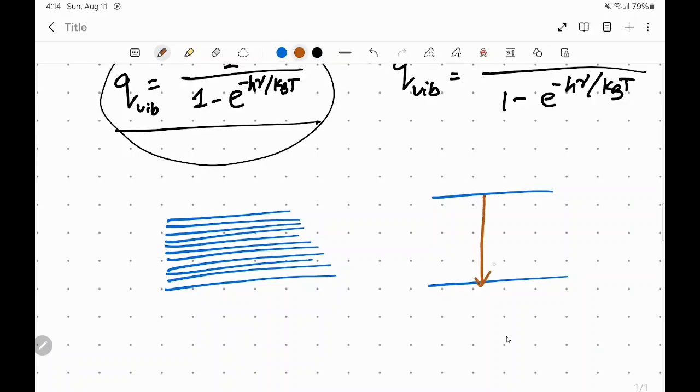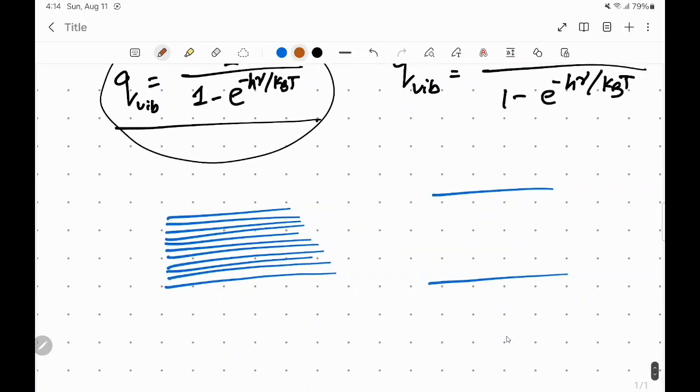There are two types of transition, radiative and non-radiative. When one molecule comes from this energy level to that energy level, the energy is emitted as radiation, so it is a radiative transition. But in the translational case, the energy levels are very close to each other, so these transitions are essentially non-radiative.